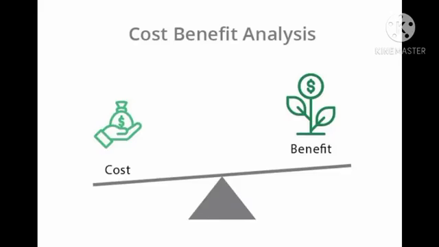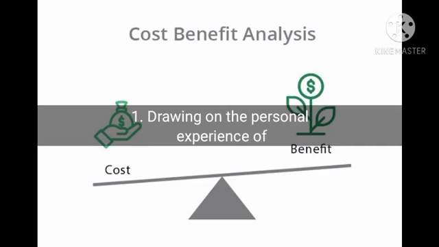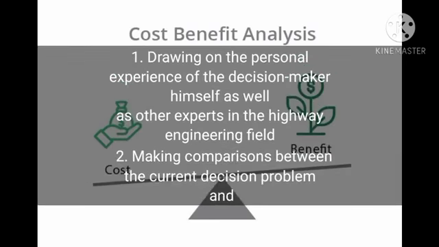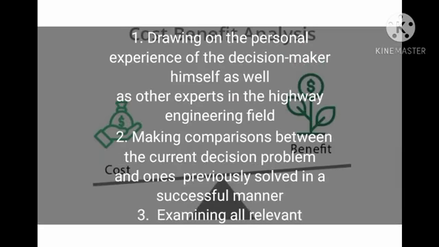Here are some procedures. The first one is drawing on the personal experience of the decision maker himself as well as other experts in the highway engineering field. The next one, making comparisons between the current decision problem and ones previously solved in a successful manner. And the last one, examining all relevant literature.